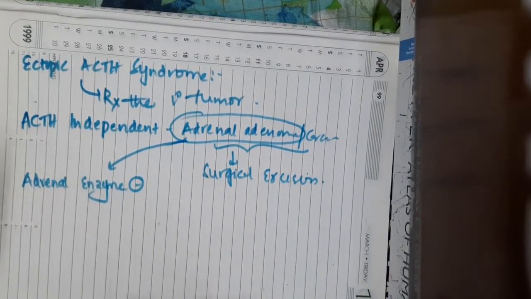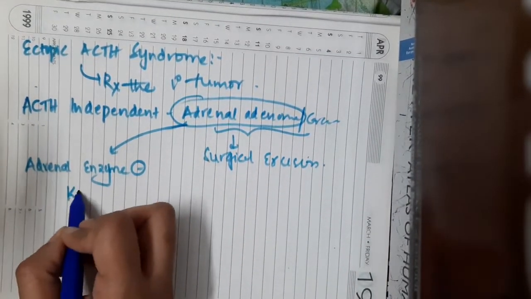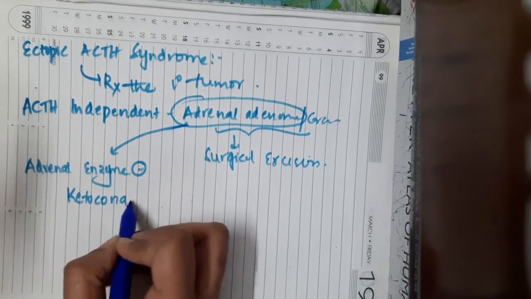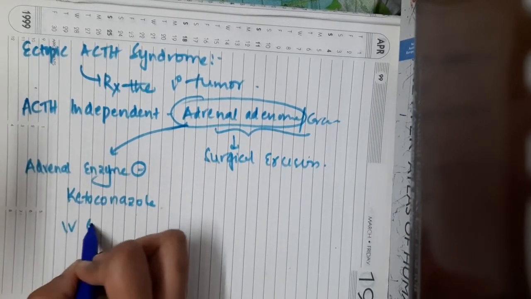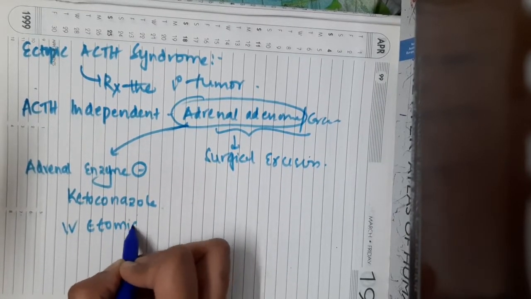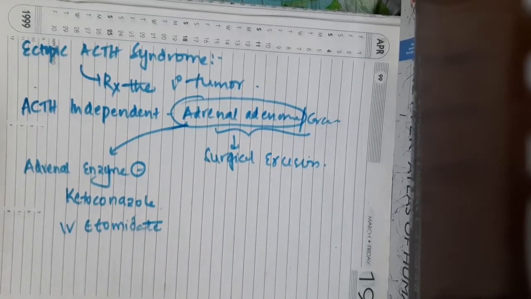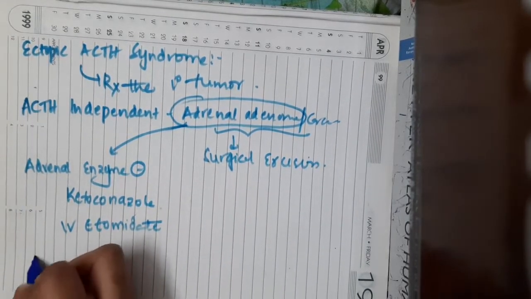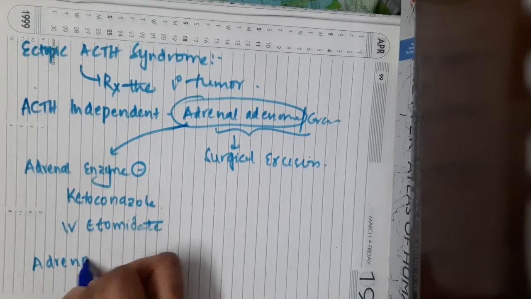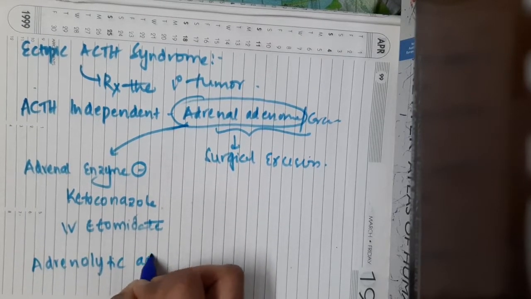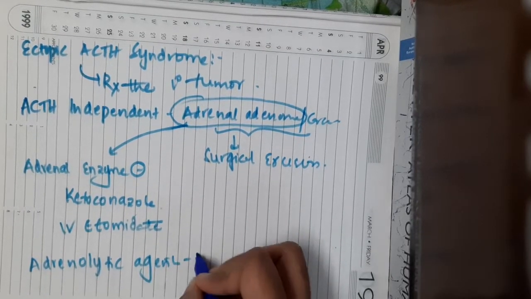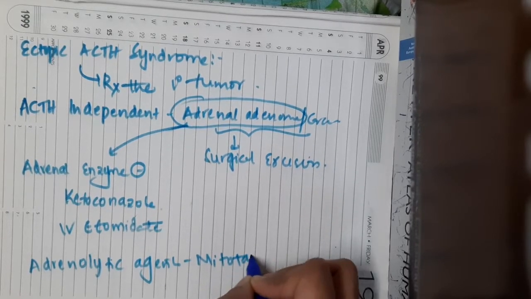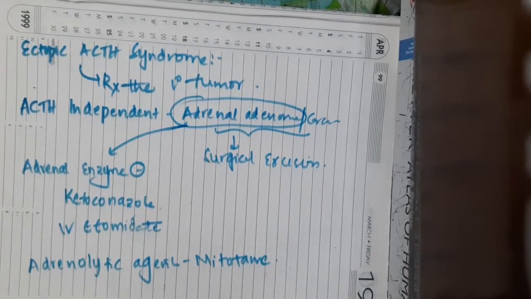We can use these adrenal enzyme inhibitors, which are ketoconazole and IV etomidate, if there is adrenal adenoma. We also have some adrenolytic agents like mitotane, which can also be used in these conditions.